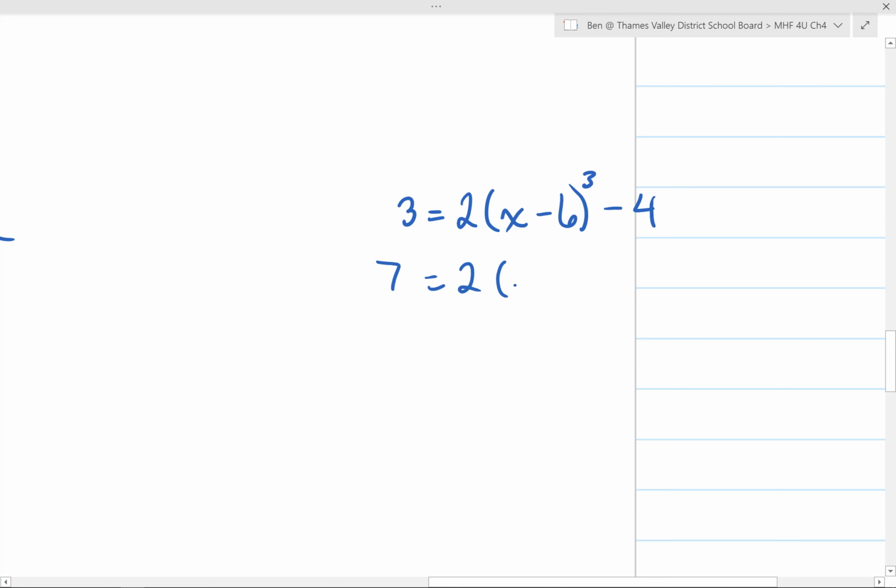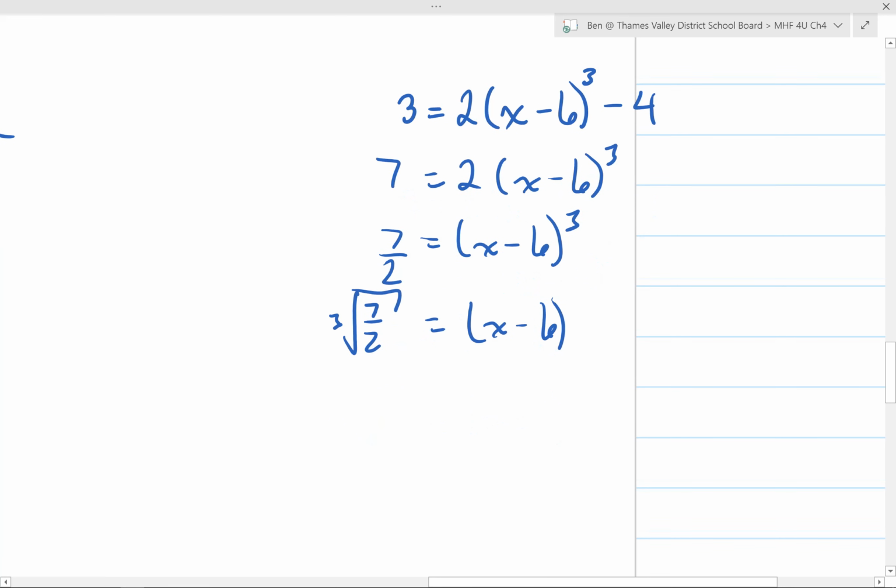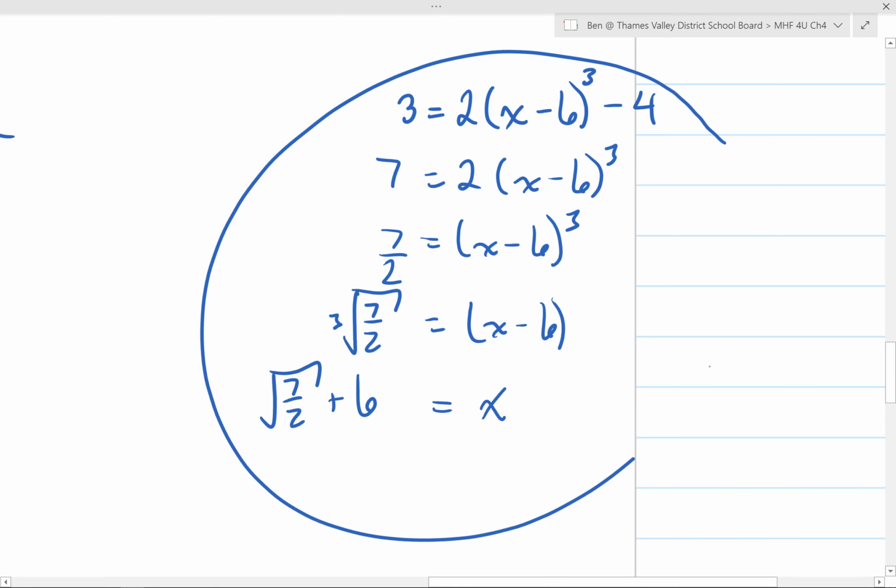That's 7 equals 2 times x minus 6 cubed. That is 7 over 2 equals x minus 6 cubed. And then we can take the cubic root of 7 over 2 equals x minus 6. I'm going over this extremely quickly because honestly, it should pretty much be review at this point, how we're isolating for a single variable, where x equals the cubic root of 7 over 2 plus 6. Good.